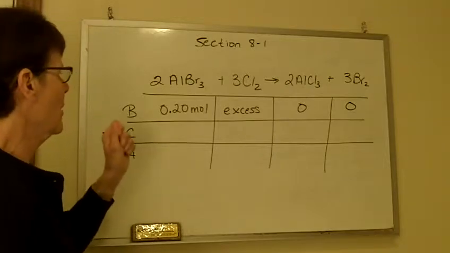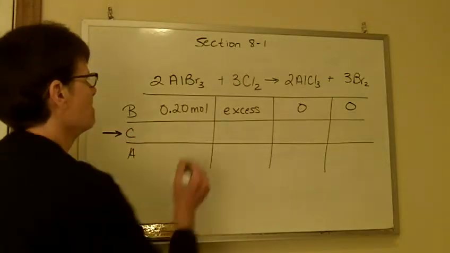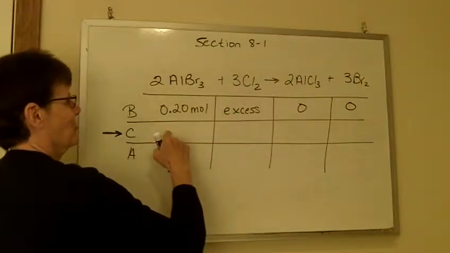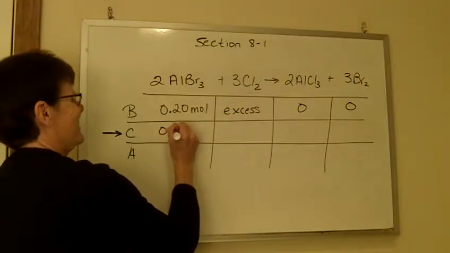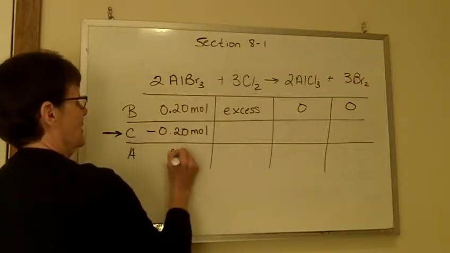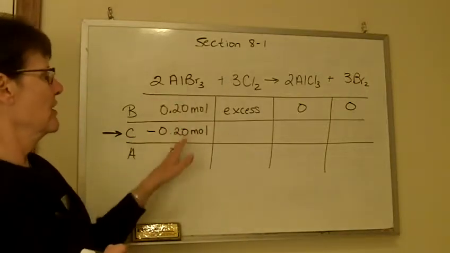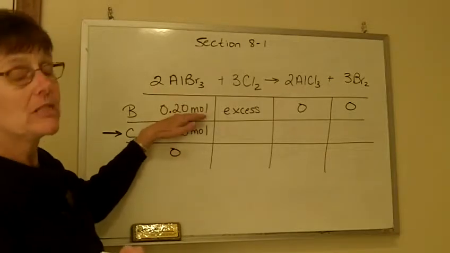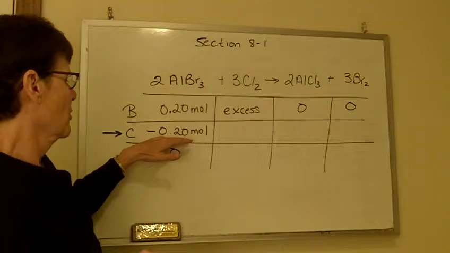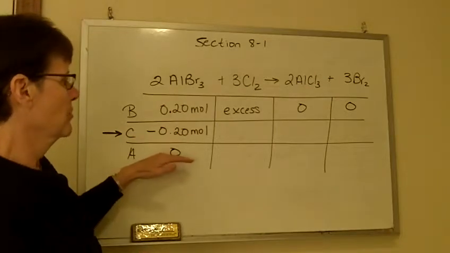So if I think about the change, well, maybe we better put what aluminum bromide is first. All right, because we're told that this is the limiting reactant, this is the one that will be completely used up, then we're going to put that in as being completely used up.